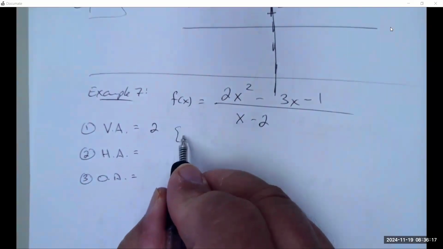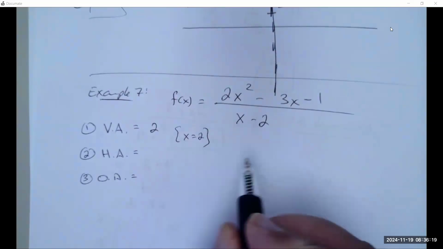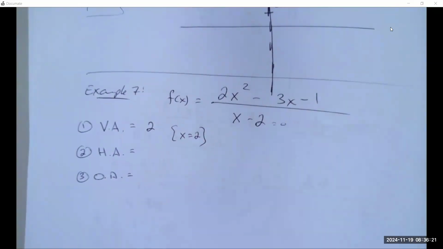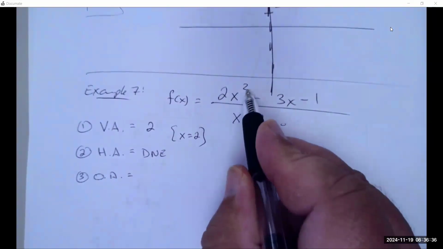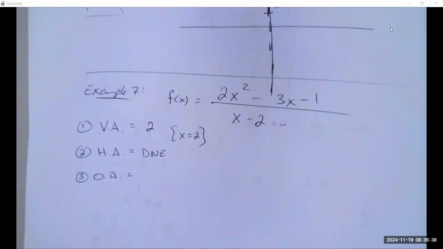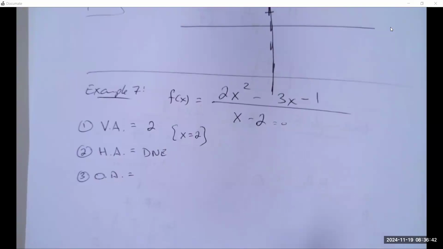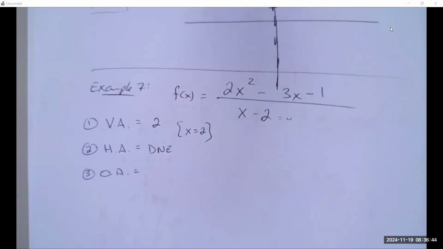It's the equation x equals 2. Why? Because we set the bottom equal to 0 and solve for it. What's the horizontal asymptote? It doesn't exist because the top is bigger than the bottom, so it would go to infinity. Except there's always an exception to the rule.